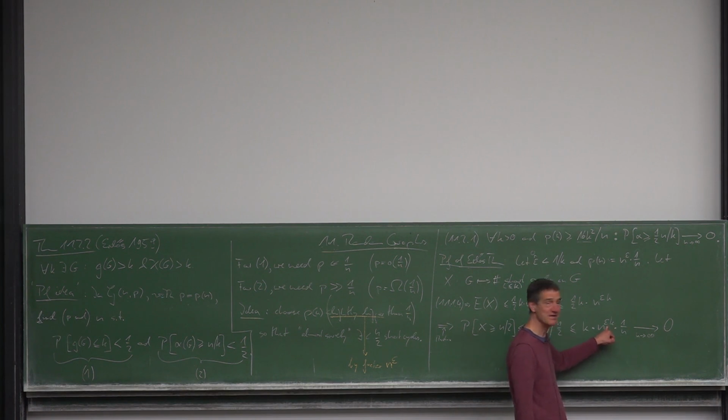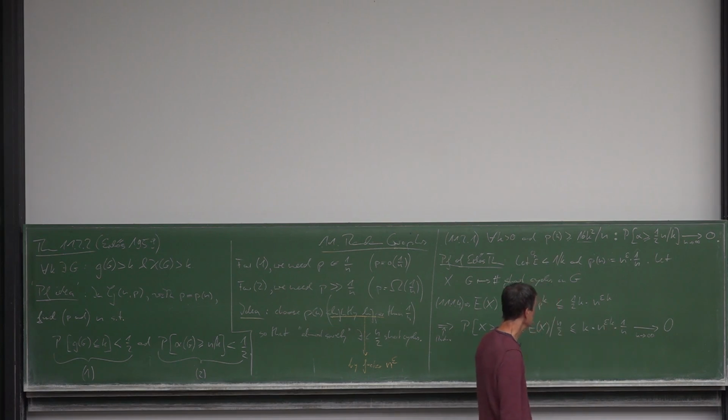But we choose the epsilon to offset the size of k. Even if k is large, and it can be arbitrarily large, that's the whole point of the theorem, we make epsilon small enough to bring this below 1. So that's how the choice of epsilon comes naturally with a given k.